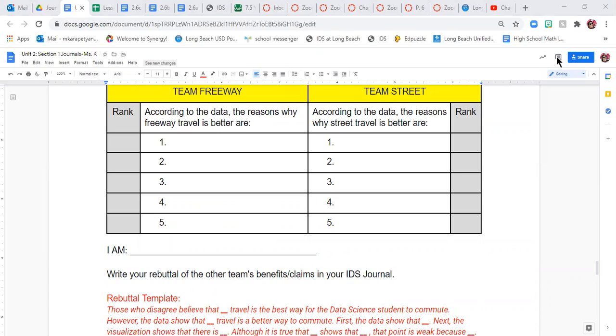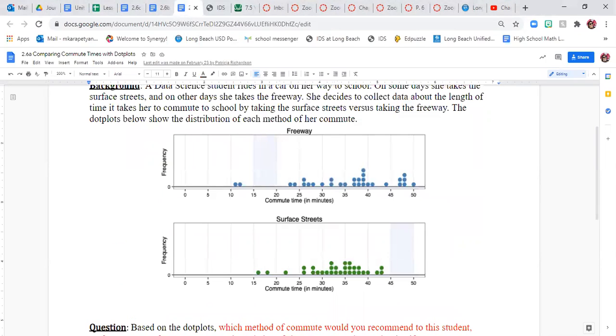Yes, Ishmael, you're writing down what in your data is a benefit for each thing. So for example, team freeway, looking at it, I can see that one time it took her 11 minutes on the freeway.